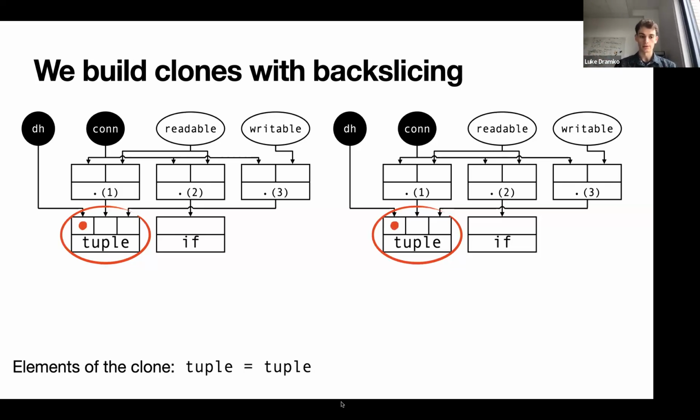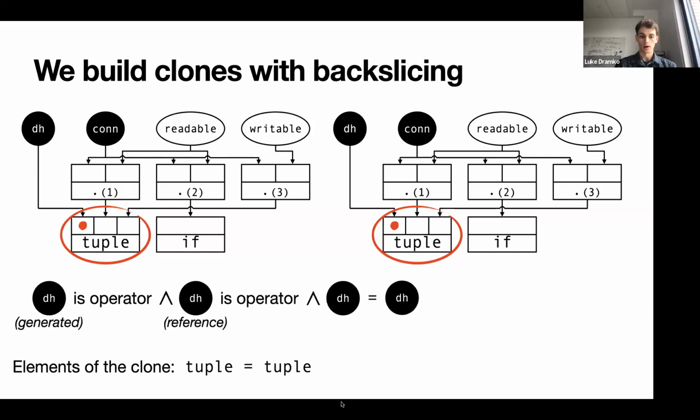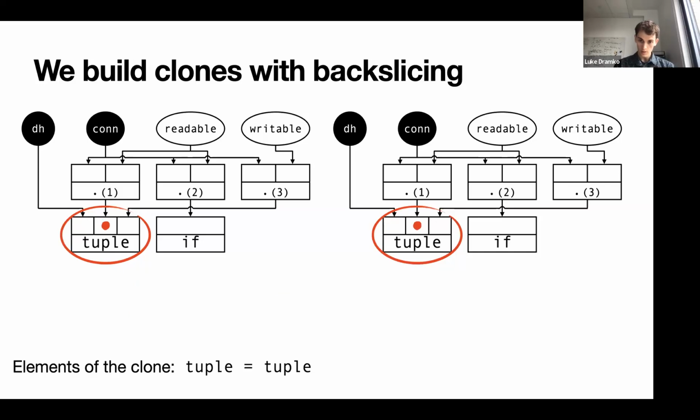And then we'll look at the first argument to the tuple initialization operator. Now, one of the things that we do is that only operators can be part of clones, sort of implied as part of the definition. So this variable, this parameter, is not an operator, so it doesn't satisfy these conditions, and we don't add it to the clone.